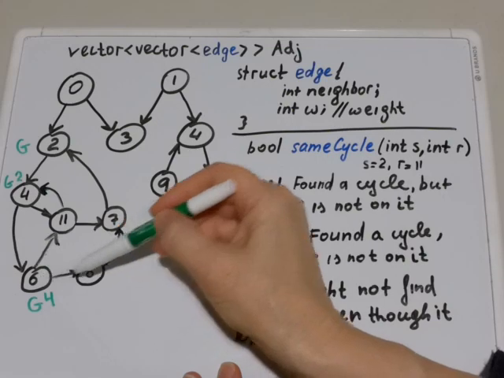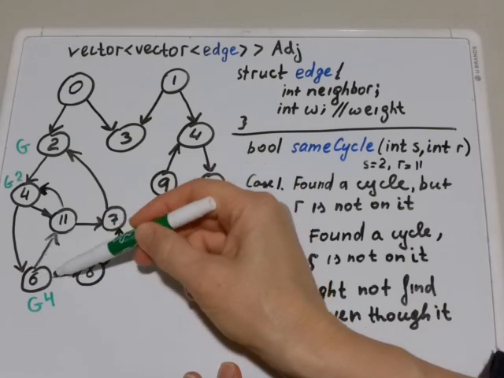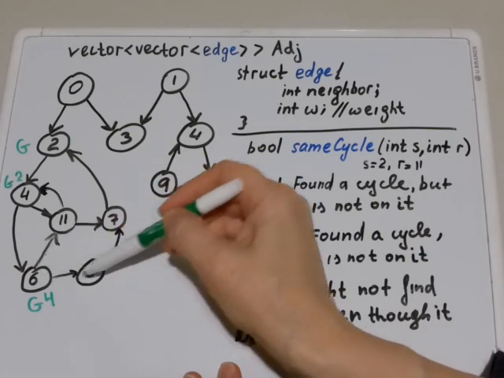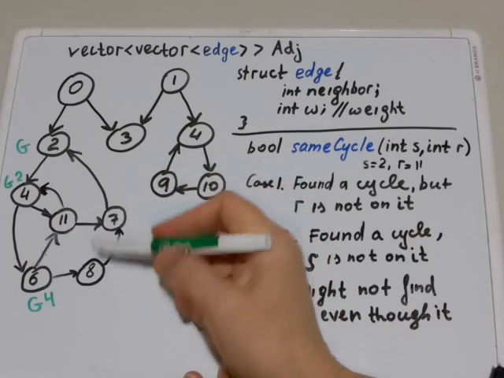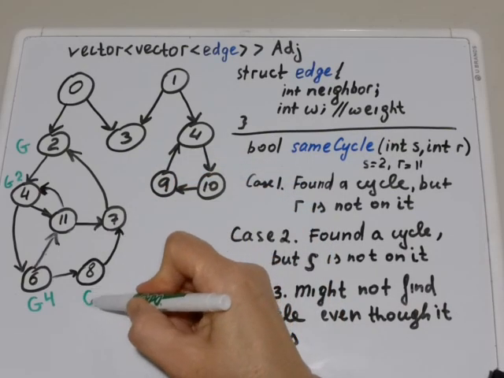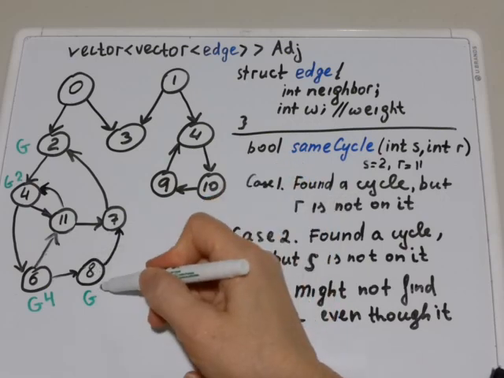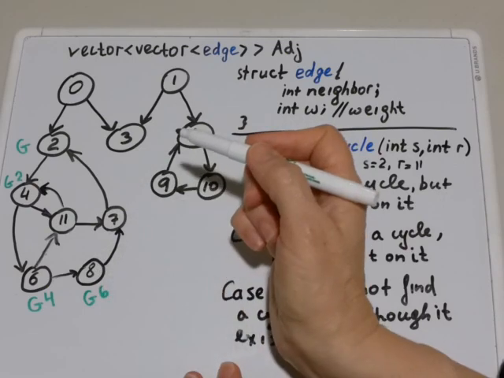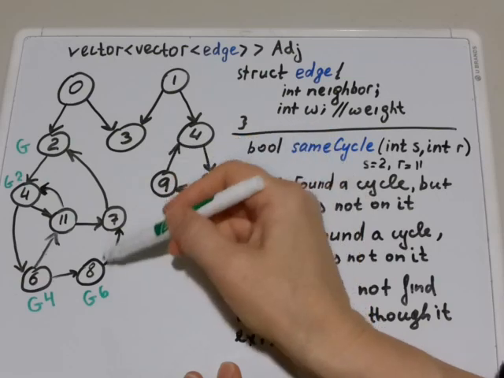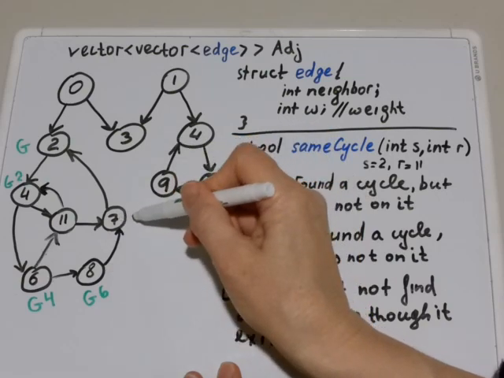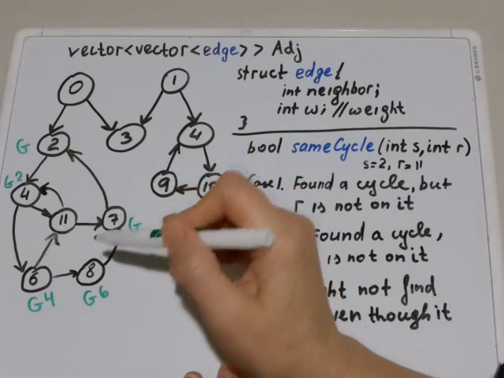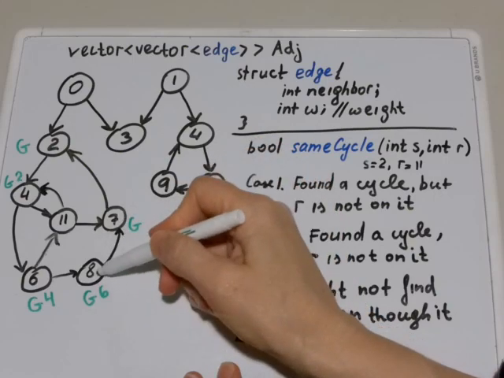From 6 we will discover 8 first because it is less than 11, so it occurs in the adjacency list before 11. So we'll set 8 to green, and its parent will be 6. After that we will discover 7. This will be green, and its parent will be 8.